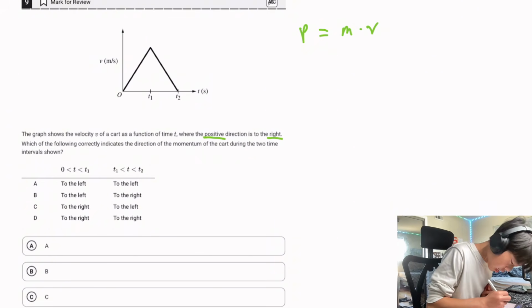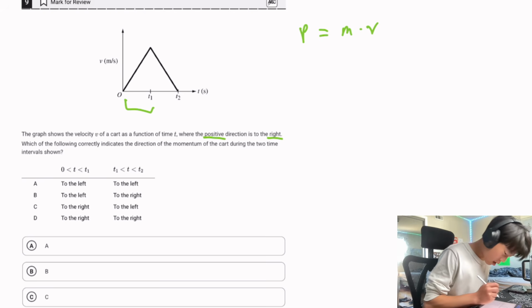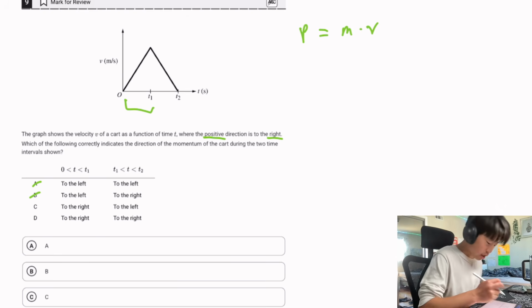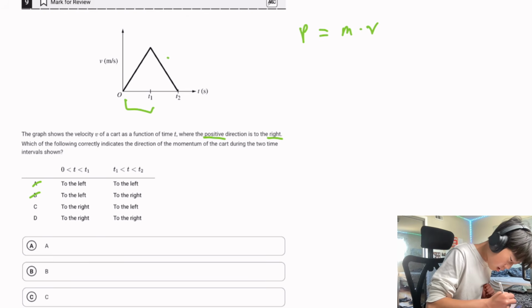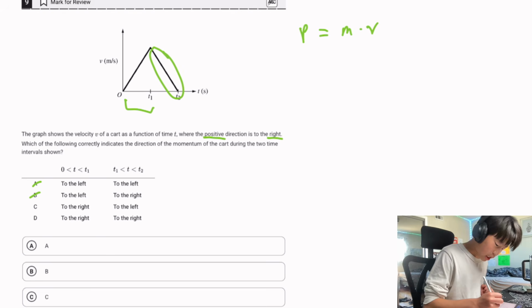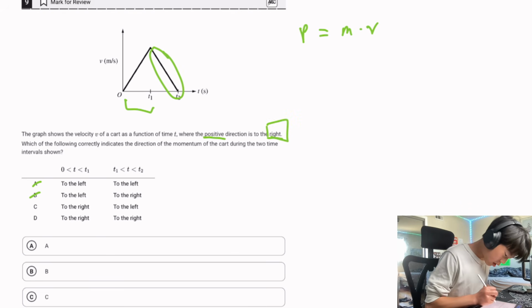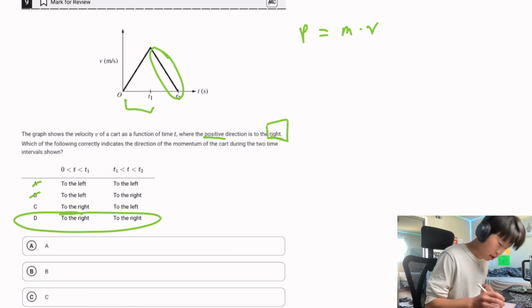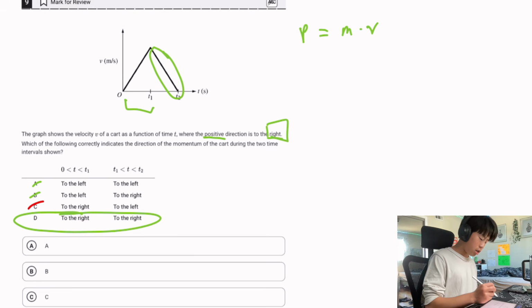So is the velocity positive or negative in T1? It's going to be all positive, which means from 0 to T1 it's moving to the right. So it can't be B or A. Now, in T2, is it positive or negative? It's positive velocity, which means it's moving to the right in both T1 and T2. Are we good? It's pretty easy, right?